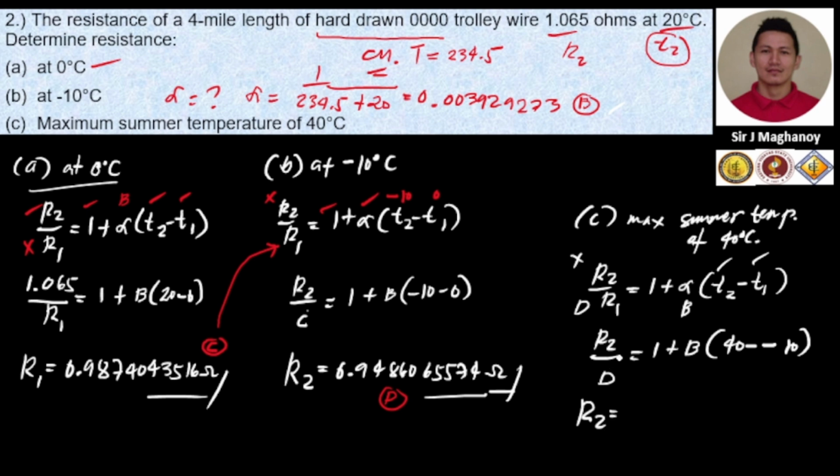Finally, your R2 is equal to 1.13973268 ohms. So that is the maximum resistance at the summer temperature of 40 degrees Celsius.